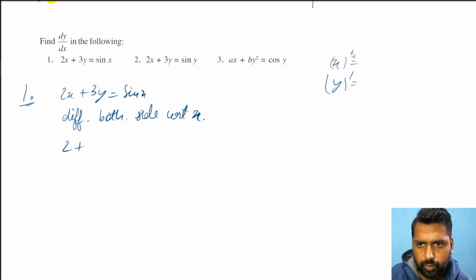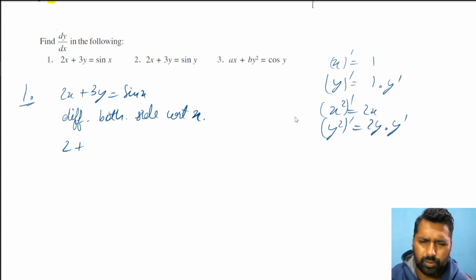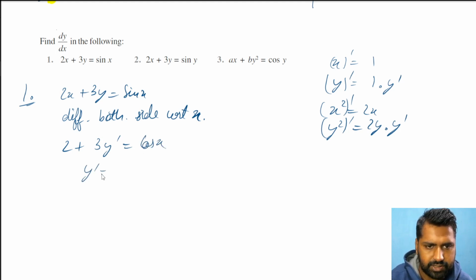Differentiation of x is 1, differentiation of y will also be 1, but additionally y dash will be there. Differentiation of x square is 2x, differentiation of y square will be 2y, additionally y dash in multiplication, chain rule. So 3y differentiation will be 3y dash, equal to differentiation of sine x, which is cos x. So directly we get y dash equal to cos x minus 2, upon 3.